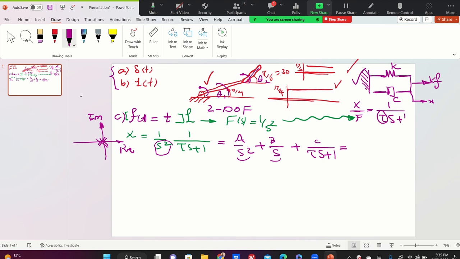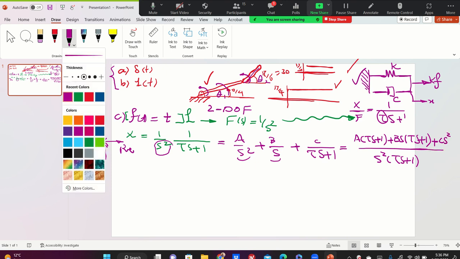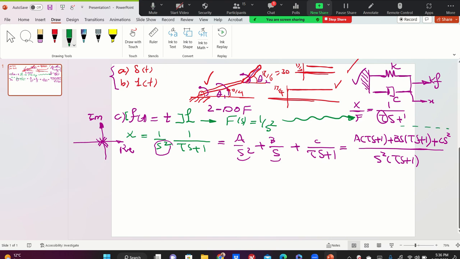So the simplest and most trivial way is you say s squared (tau s plus 1) is going to be A(tau s plus 1) plus B s (tau s plus 1) plus C s squared. And obviously this equals how much?